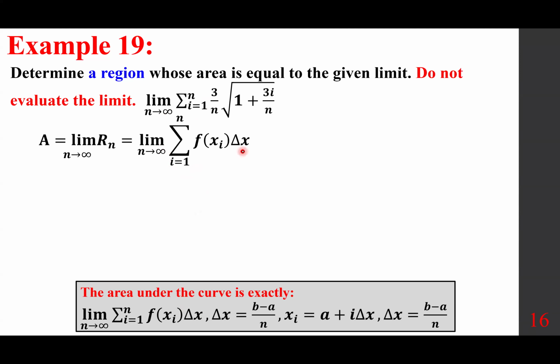So this is looking like that in essence. There seems to be 3 over n as delta x and f of x sub i as this piece.